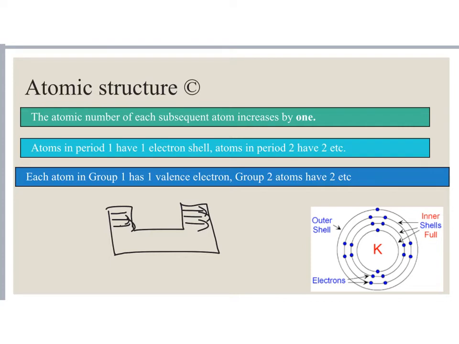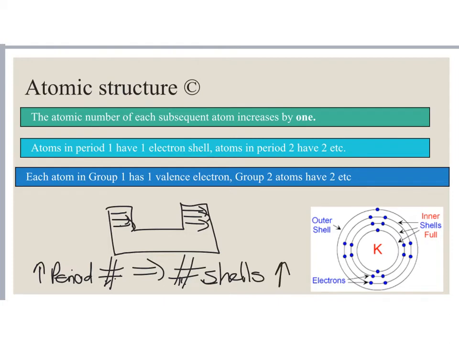We know that atoms in period 1 have 1 electron shell. Atoms in period 2 have 2 electron shells. So as the period number increases, the number of shells also increases.